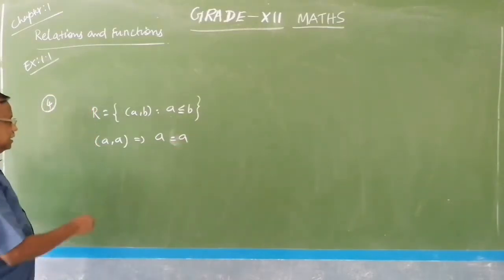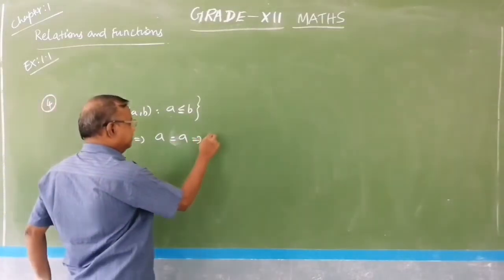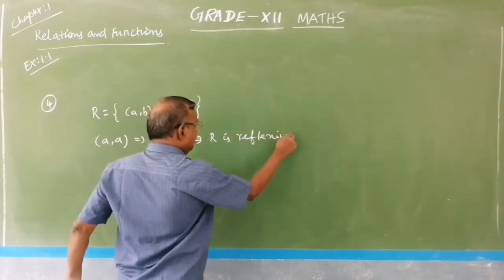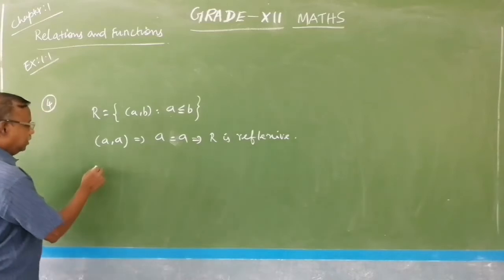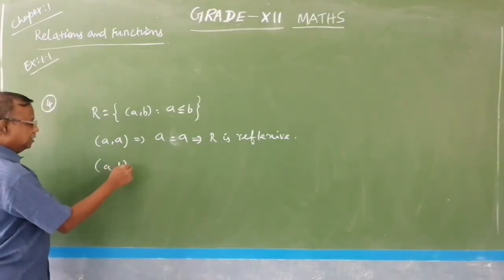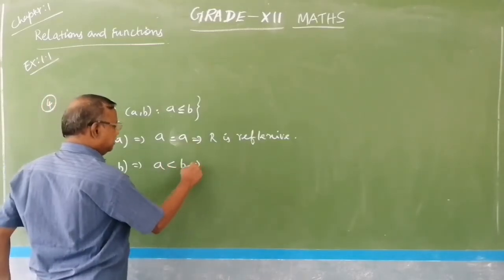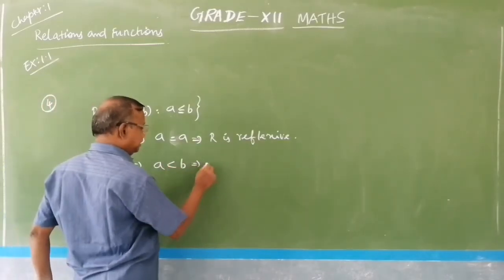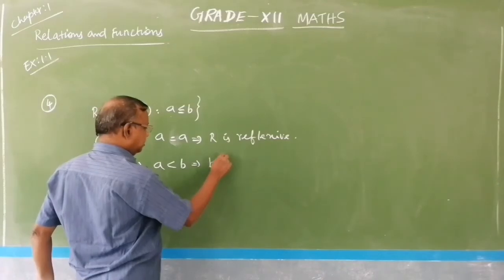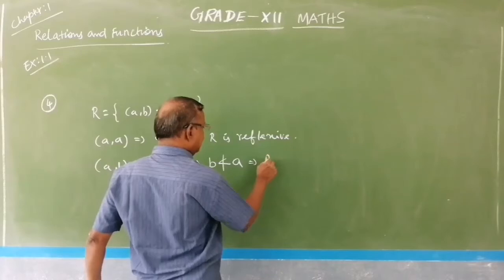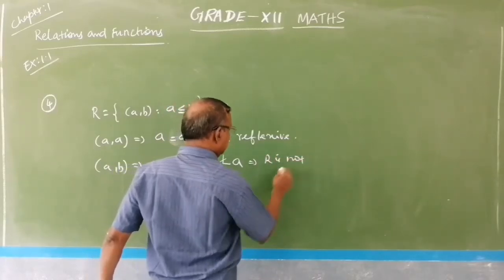Therefore R is reflexive. For any (a, b), if a is less than b, we cannot say b is less than a. Therefore R is not symmetric.